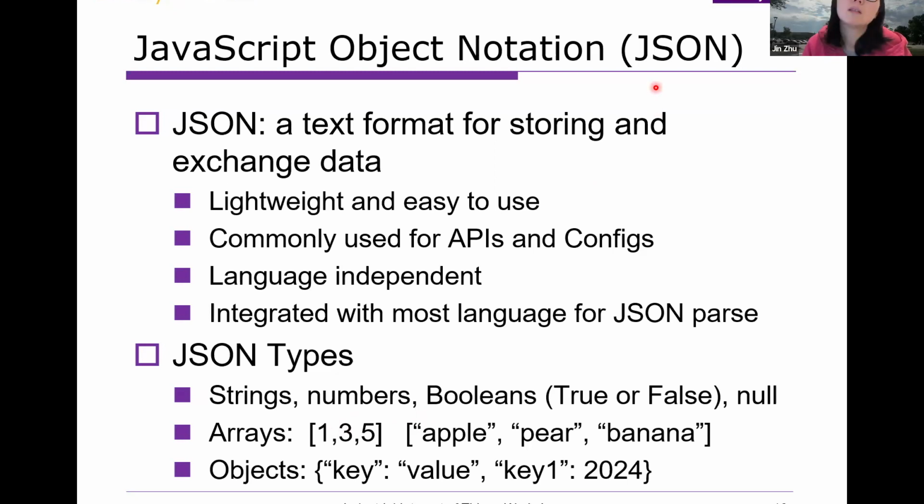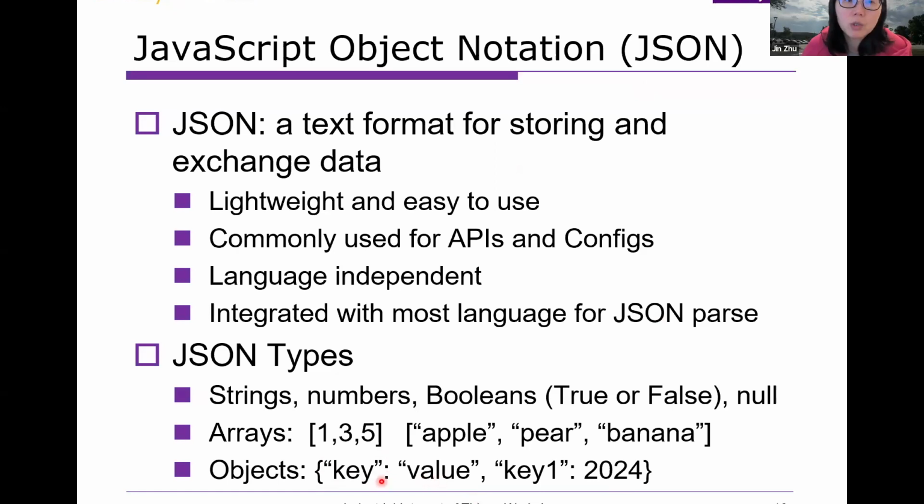The most commonly used and important type is the object. Objects are enclosed in a pair of curly brackets, followed by a key, then the colon, and then the value.